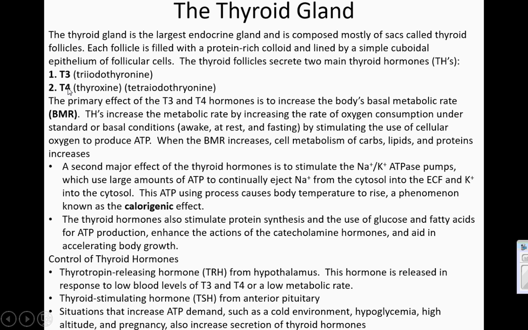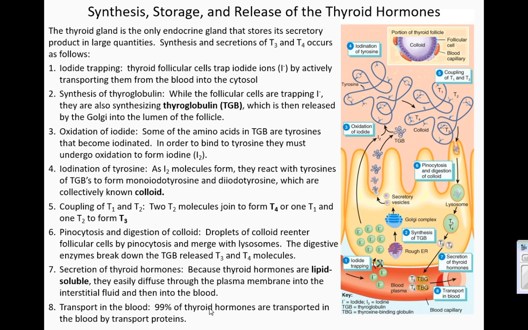So technically, the stimulus for secretion of T3 and T4 will be low levels of them, or a low metabolic rate, or situations that increase or require ATP, such as being cold, like I just said, hypoglycemia, okay, high altitude, pregnancy, and then secretion of thyroid hormones. Yeah, you wouldn't really need to worry too much about the target organ there.